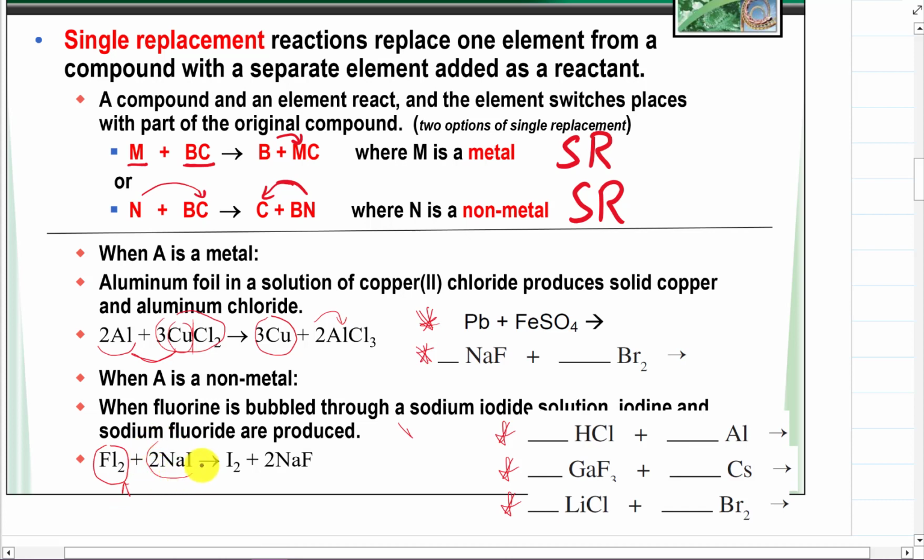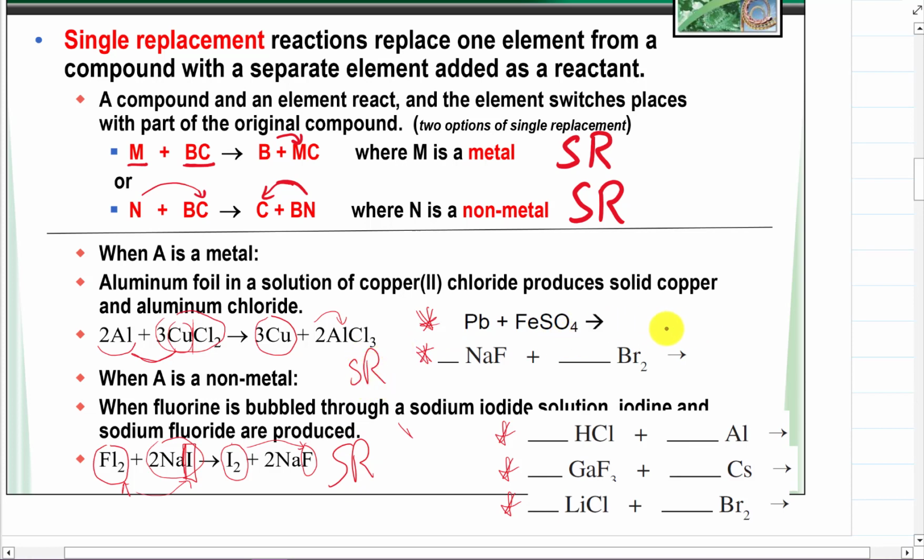And it's gone through this compound, so it's going to replace the nonmetal. Because it's a nonmetal, it replaces the nonmetal. So the nonmetal comes in here and kicks it out. We get the iodine coming on out, and the fluorine is replacing it. So that's where it was replaced.